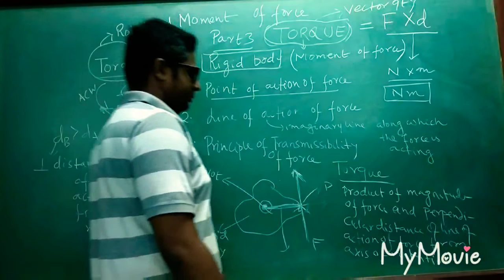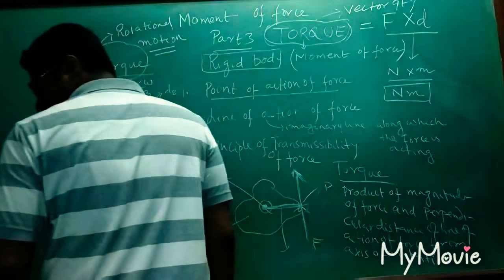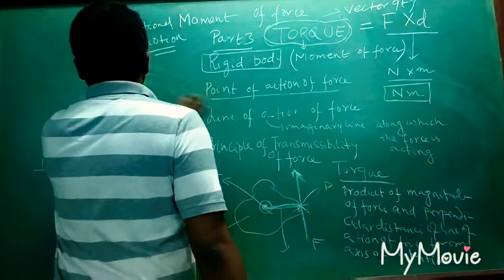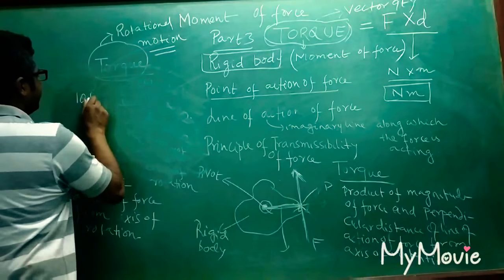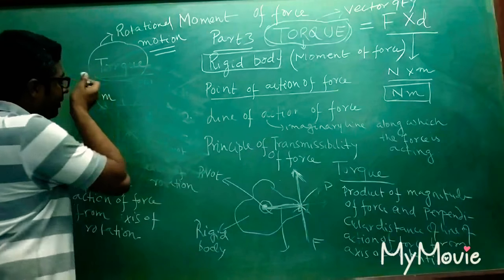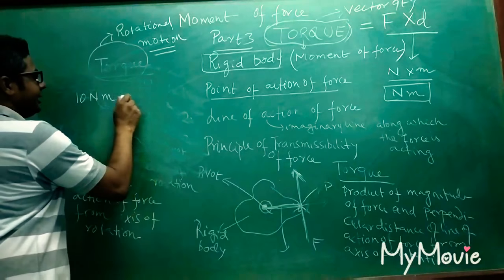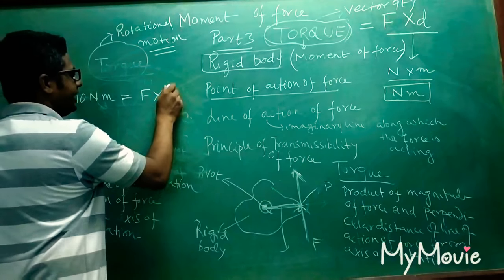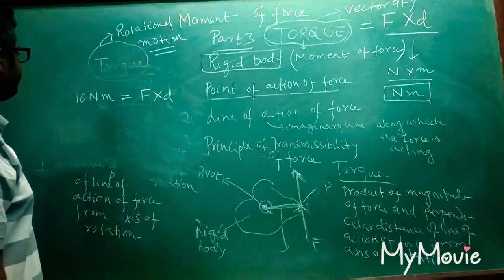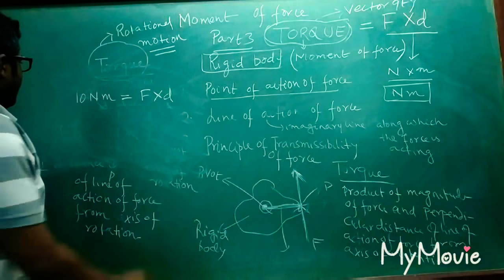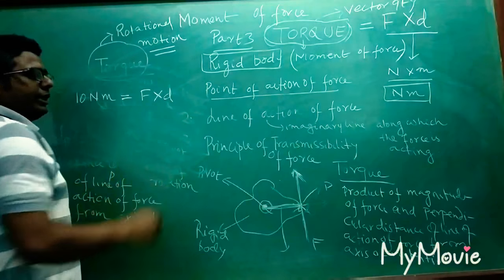Okay, so 10 Newton meter is my torque requirement. So I can correctly write it as F into D. So if you see, this thing I can do in two ways.